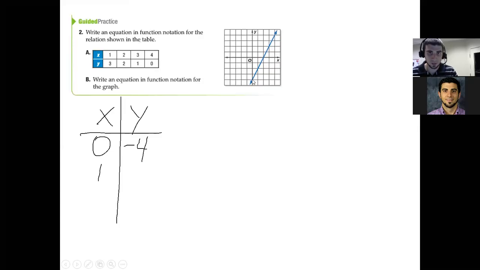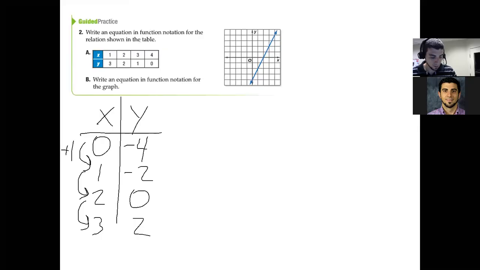If x is 1, it's negative 2. If x is 2, it's 0. If x is 3, it goes to 2. So each time the x value goes up by 1, the y value, now be careful, goes up by 2.